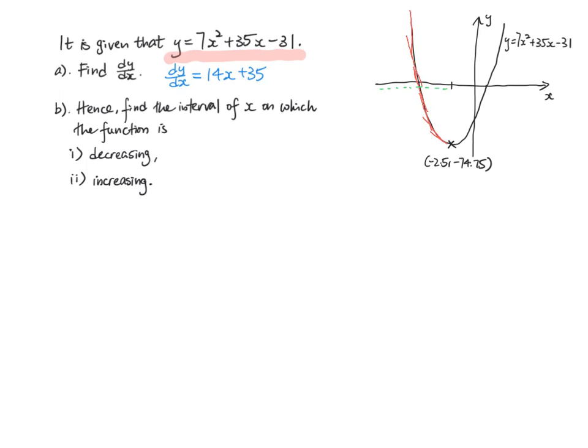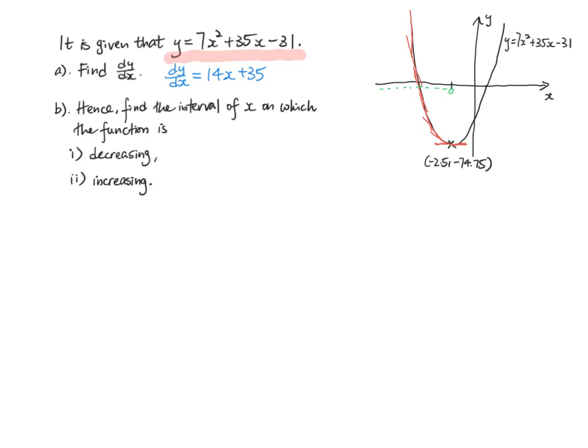Okay, so what happens when x equals negative 2.5? The slope here would become a horizontal line, right? The tangent line would be a horizontal line, which means that the slope will equal 0 when x equals negative 2.5.